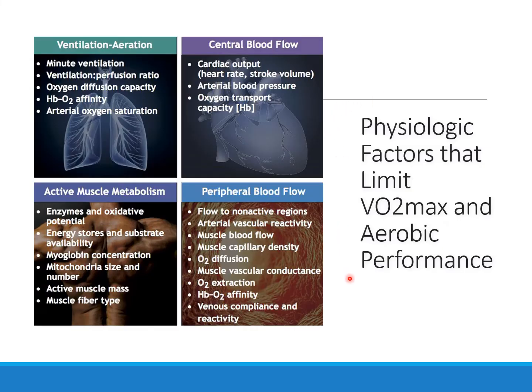So here are some physiologic factors that limit VO2 max and aerobic performance. These, again, are those physiological reasons that can limit. There are obviously other factors beyond this, like psychological motivation. There are lots of things that go into the maximum VO2 max that you can get, but these are the physiological reasons.